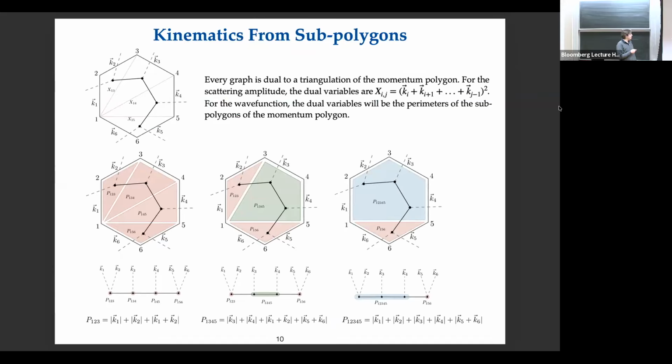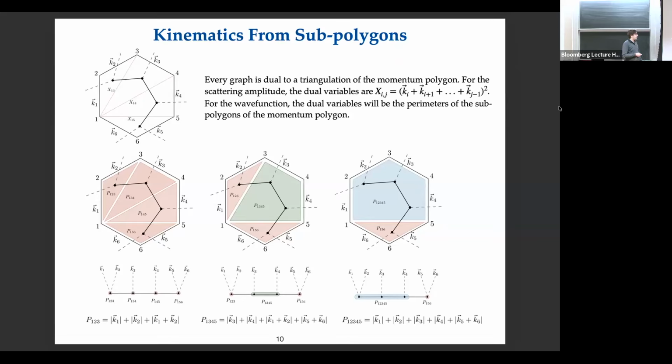And if you triangulate it, that will just be dual to a diagram, where you put all the nodes in each triangle, connect the nodes, and then draw the lines out of the outer edges. And the variables which will be dual to your propagators will be these chords, like in this case x13, x14, and x15, which you can just write out. Like this will just be the propagator.